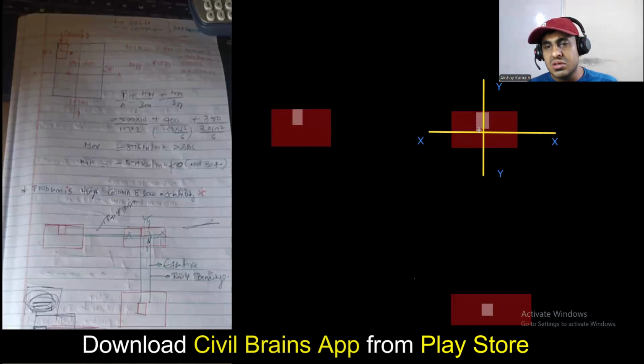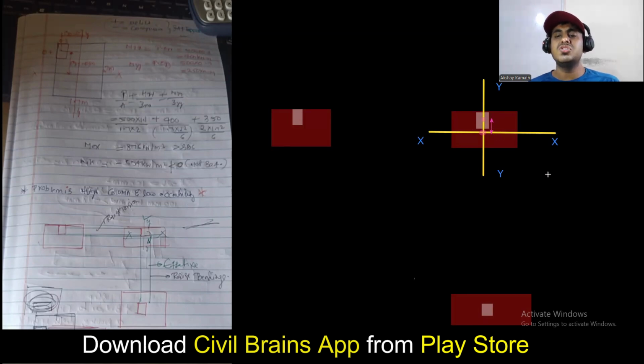The column CG is here. So the XX axis is here for the footing, the column XX axis will be here, whereas the YY axis for the footing is here, and the column Y axis is matching. This is matching, this is not matching. That means your eccentricity is along the XX direction.